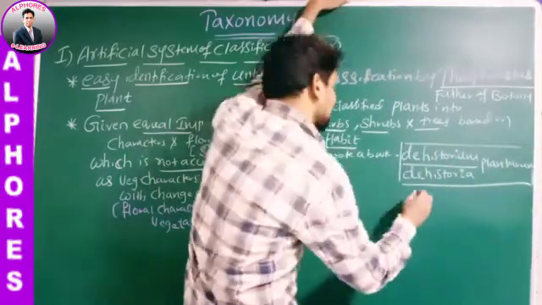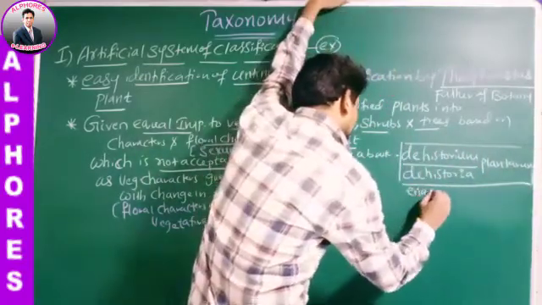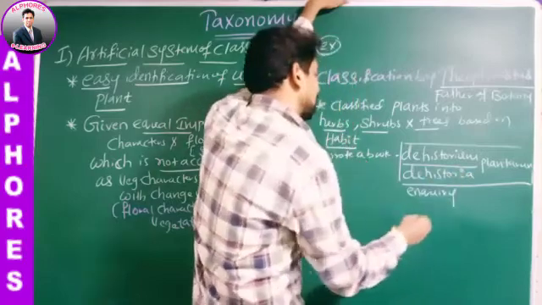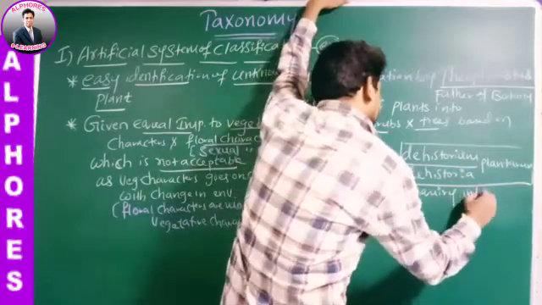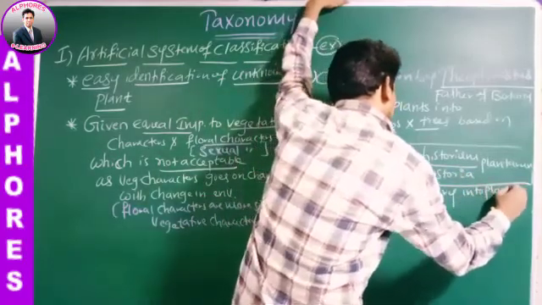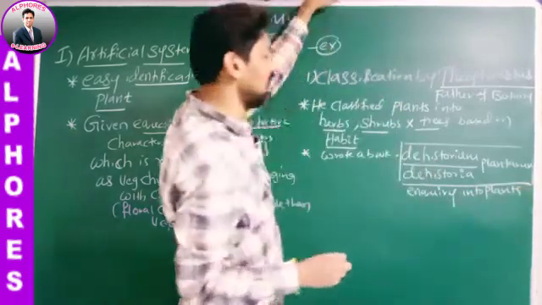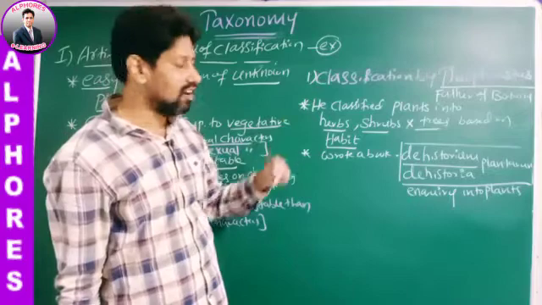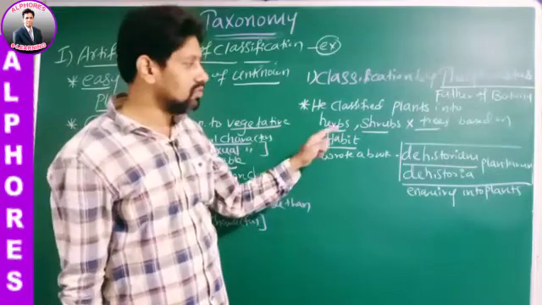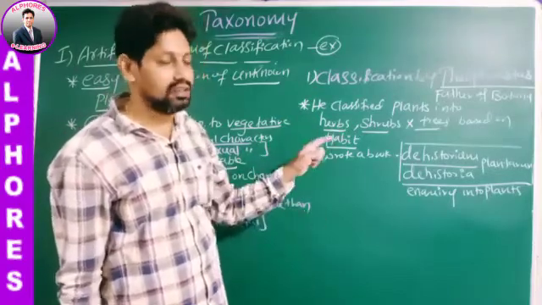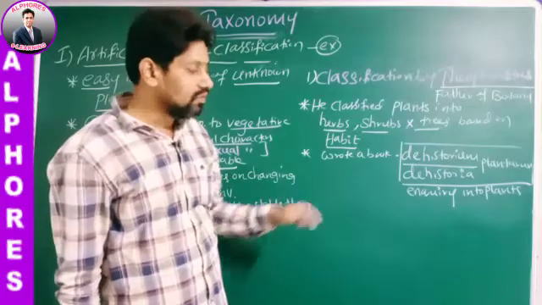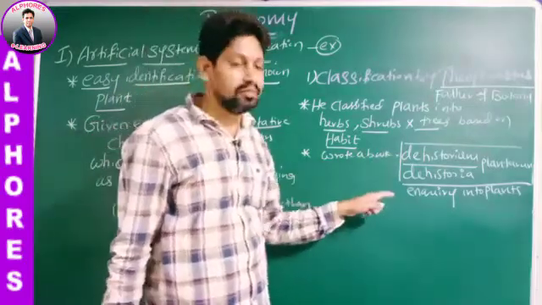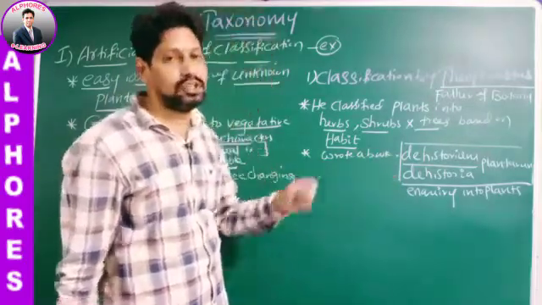This book is also called Enquiry into Plants. What is another name for this book? Enquiry into Plants. Theophrastus, the father of botany, wrote a book by the name De Historia Plantarum, which is also called Enquiry into Plants.